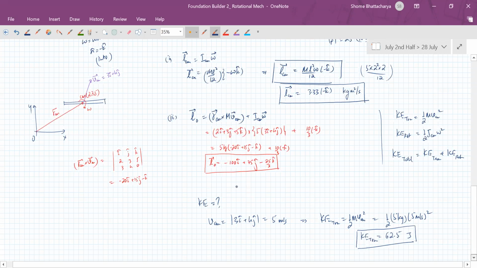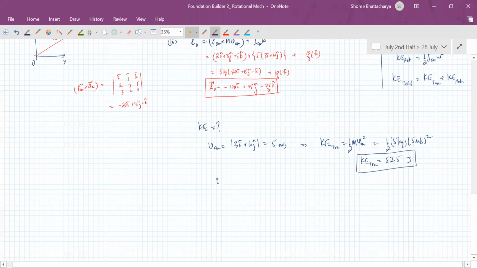Whereas for the rotational kinetic energy, omega was 2 radians per second, and moment of inertia about the center of mass is 5 by 3 kg meter square.